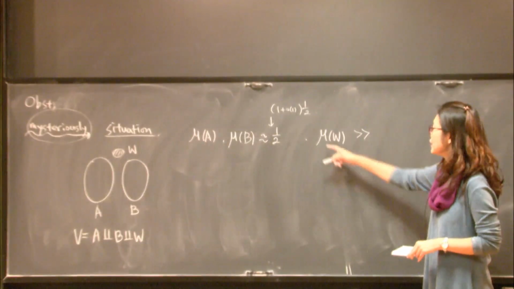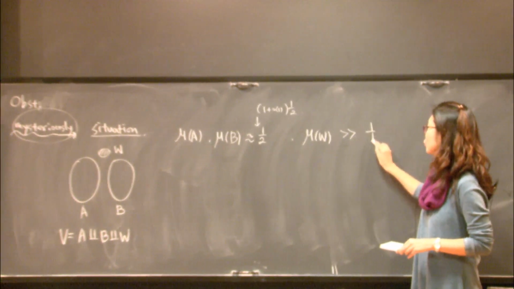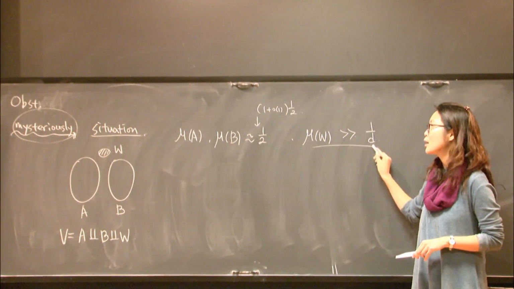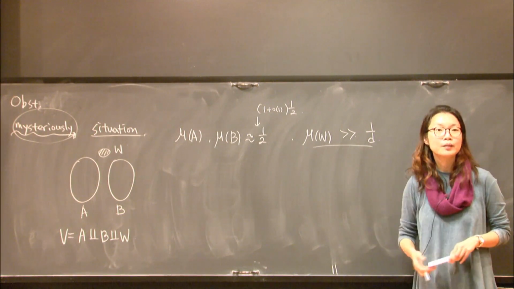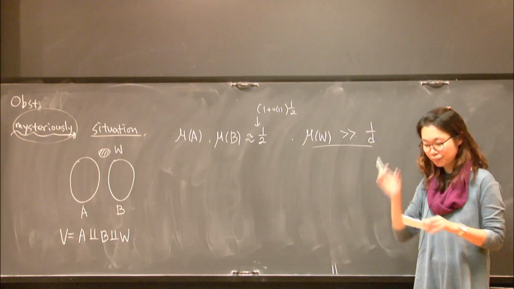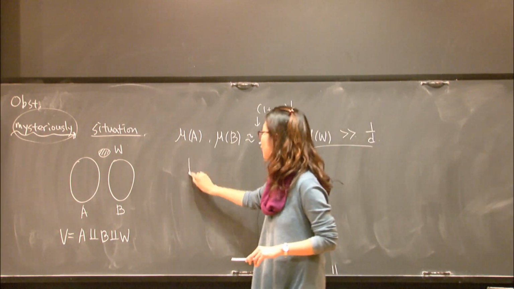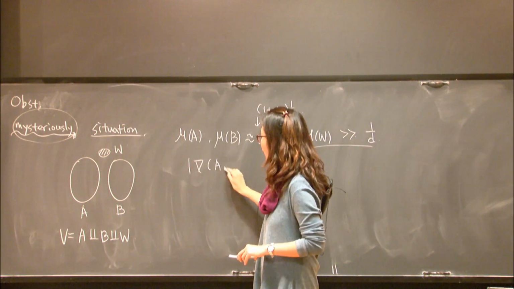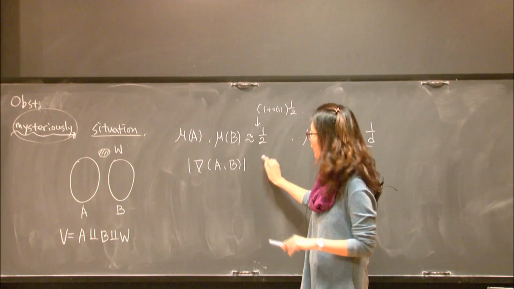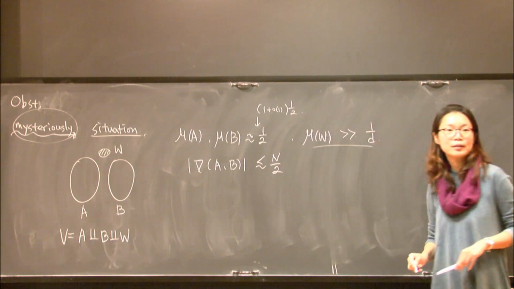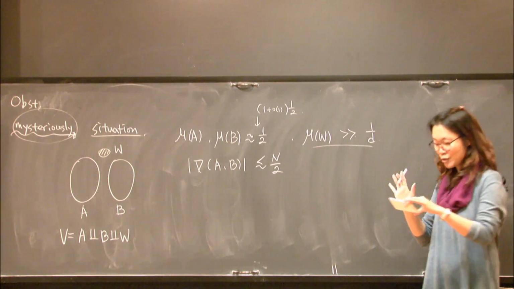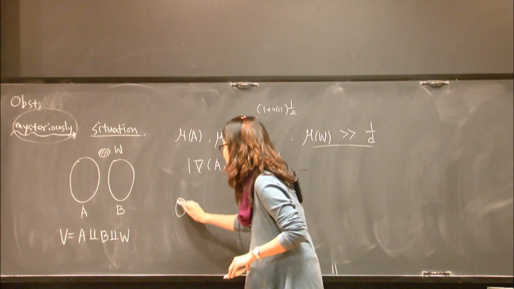So this means 1 plus little o of 1 times a half. So this naturally means mu of W is very small. It's little o of 1, but not terribly small. We had that this is much larger than 1 over d. This means that we cannot ignore the contribution of edges coming out from W. This is the irregulars. And finally, we had nabla AB is close to n over 2. I'll say a little bit more, but for now, please bear with me.